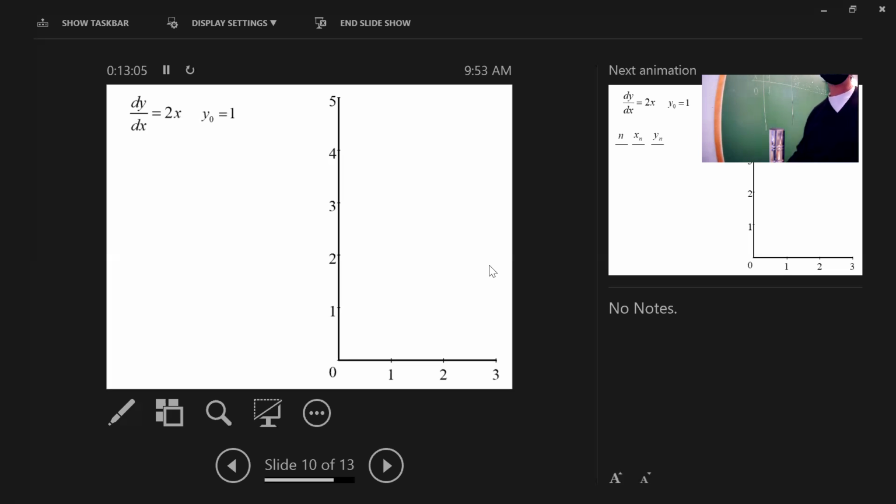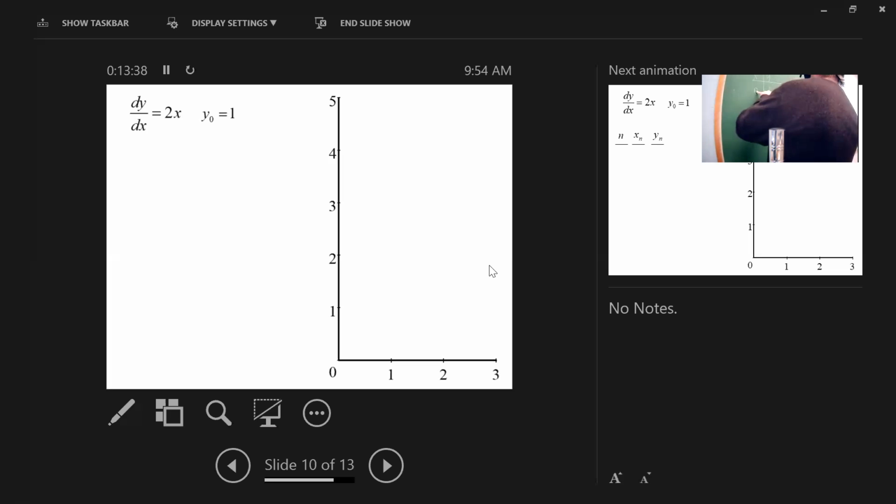So we have 0, 1. Ready? Here's what we're going to do. They're telling us in this case, in this example, that you haven't seen on the PowerPoint yet, that dx equals 0.5. So we're going to make changes here: 0, 0.5, 1, 1.5, 2, 2.5, 3. We're going to draw these segments that are going to be 0.5 as a base. So what happens?